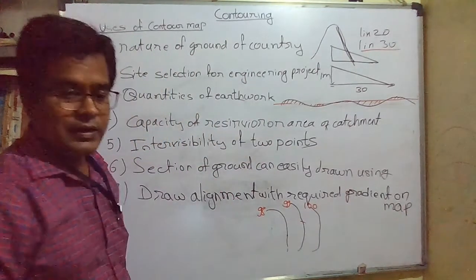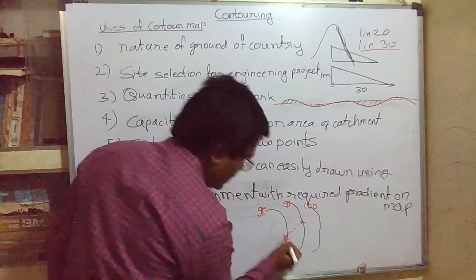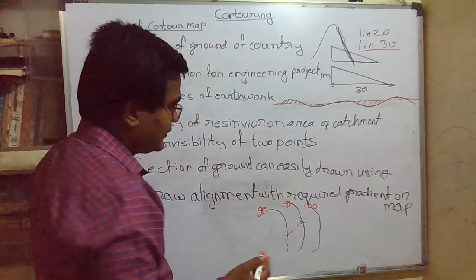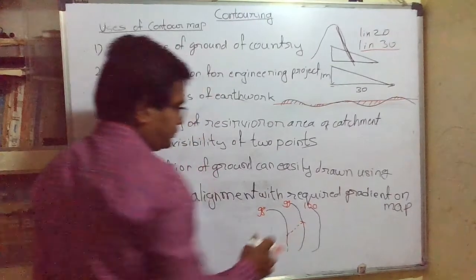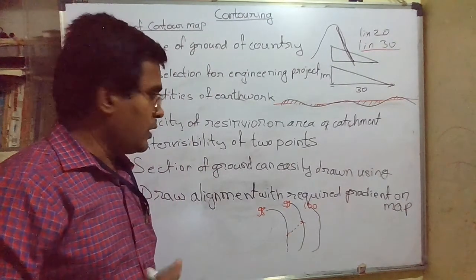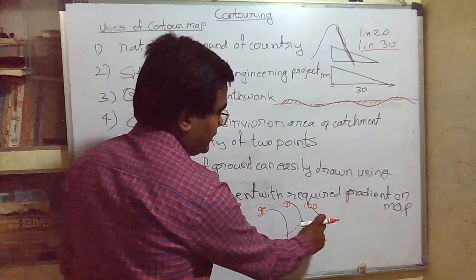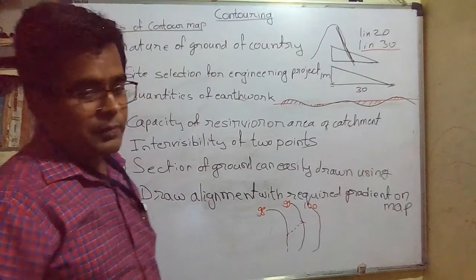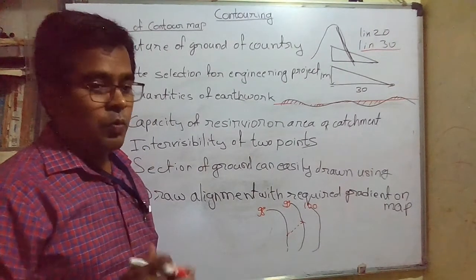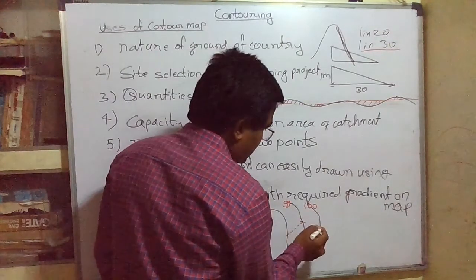Suppose the line comes here, so this is our alignment. Next we have to move forward. Again we see 1 in 20, with a vertical height difference of 1 meter between these two contours, and again we convert the horizontal distance with the scale.